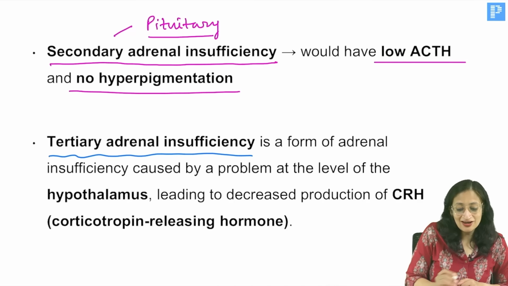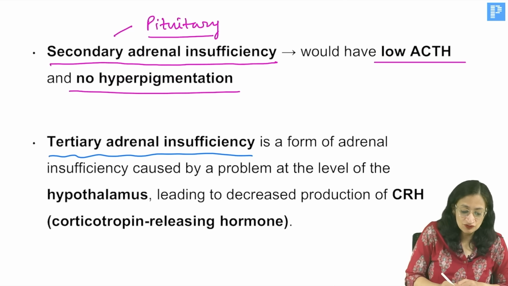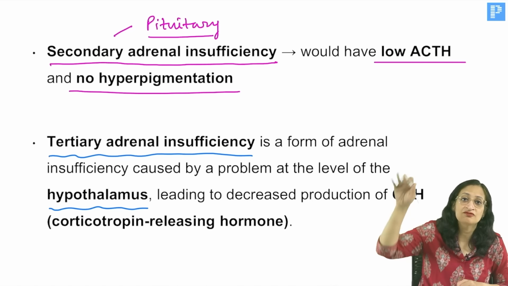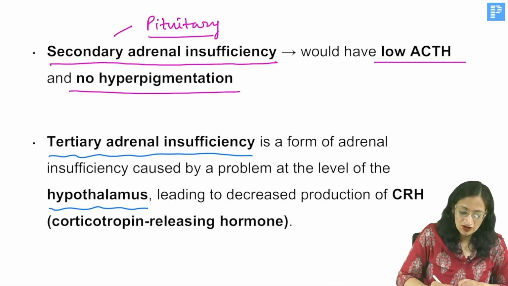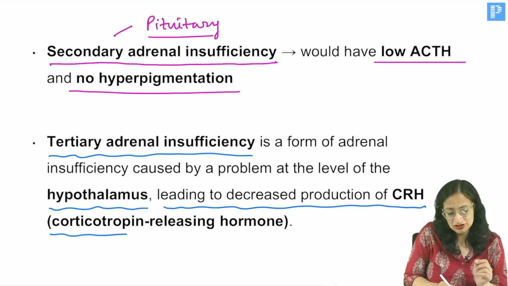Tertiary adrenal insufficiency is a form of adrenal insufficiency where the problem is at the level of the hypothalamus, so even above the pituitary. At the level of the hypothalamus, this is leading to decreased production of corticotrophin releasing hormone.